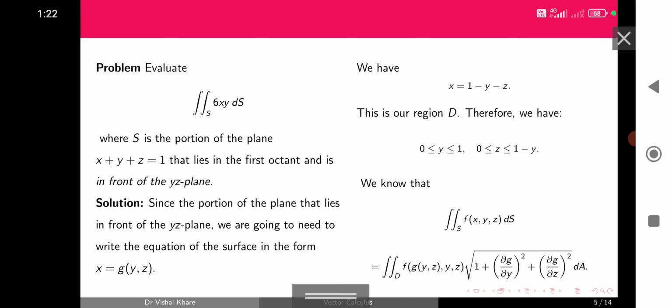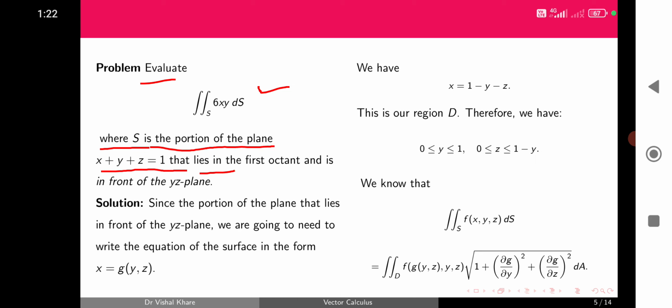Example: evaluate double integration 6xy dS, where S is the portion of the plane x plus y plus z equal to 1 that lies in the first octant and is in front of the yz plane.